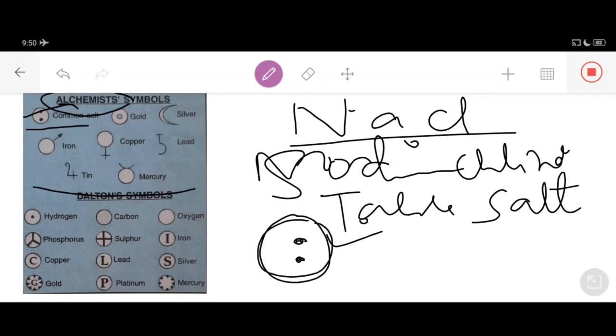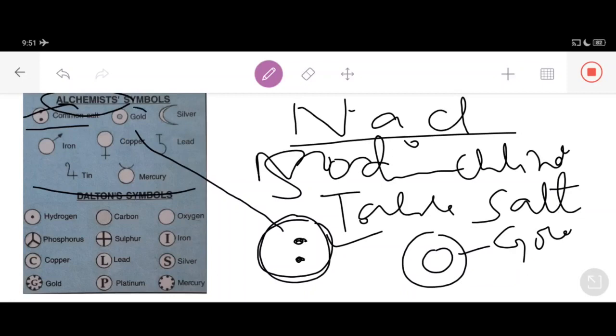This was actually the symbol of common salt. Second is gold, like this. So, a symbol for gold, dear students. Look here, symbol of gold.